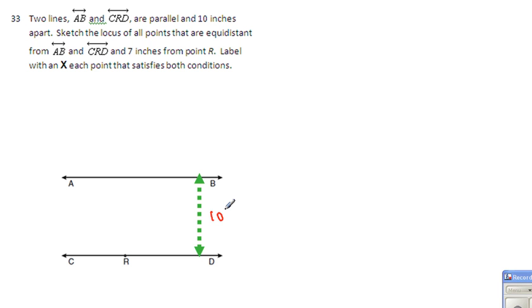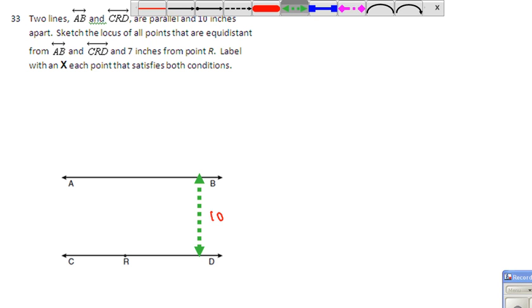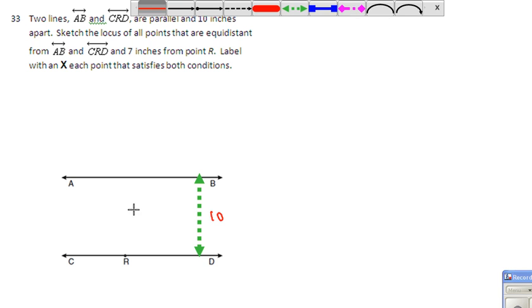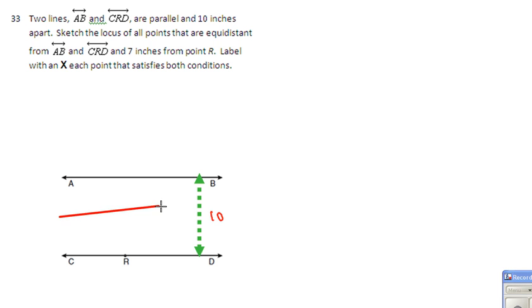Sketch the locus of all points that are equidistant between these two. Equidistant means we are looking for a line in the middle where the distance will be about 5 and 5 away from each side.